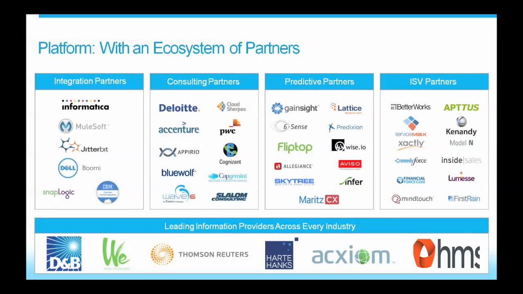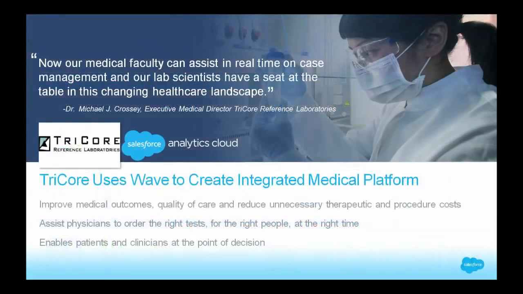So in terms of platform success, let's talk about a customer that's actually had really powerful success with the Analytics Cloud Wave platform, and that's Tricore. Tricore has really done amazing things, bringing in all sorts of data from all sorts of different places. Tricore is a laboratory based in New Mexico that tests for patients that have diabetes, and they have a whole series of tests that they can help those patients with diabetes manage their disease.